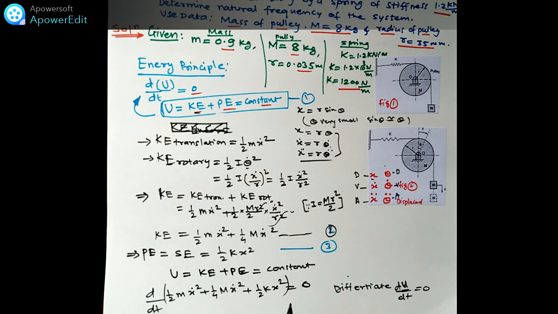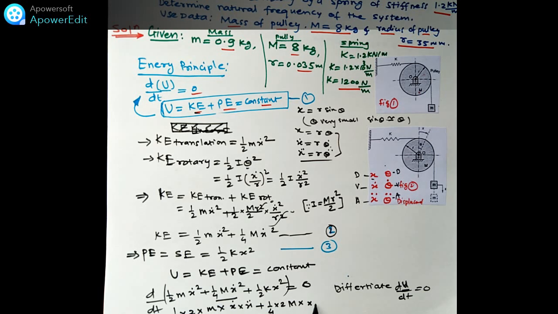Due to space constraint, I will write here 2 into m into x dot into x double dot, plus for this term 1 by 4 into 2 capital M into x dot.